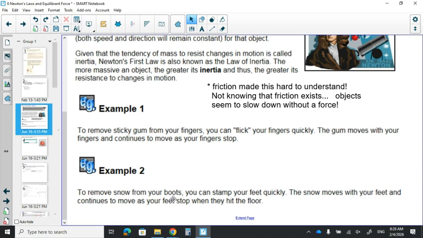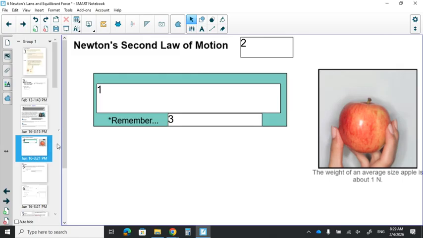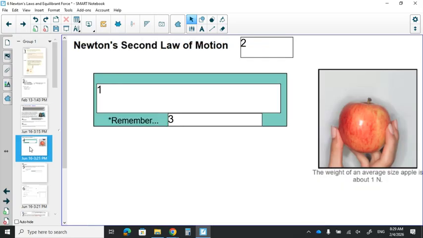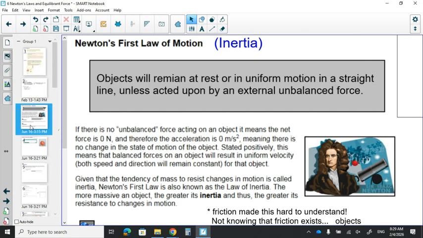When you bring your boot down towards the ground quickly, your boot stops instantly when it hits the floor. The snow doesn't stop instantly because it has inertia, right? There are lots of examples you can think of to do with inertia. In grade 11, I showed tons of different demos. Go back to the 3U physics lesson on my channel and check out the lesson on inertia if you don't have a ton of things in your mind as to what inertia can explain.